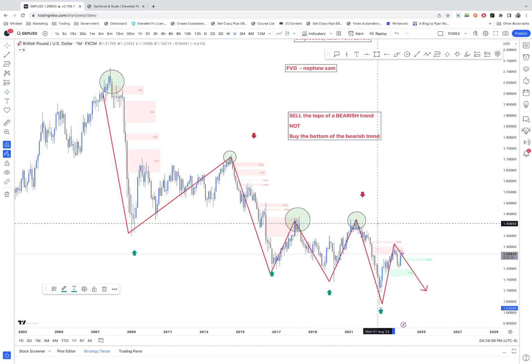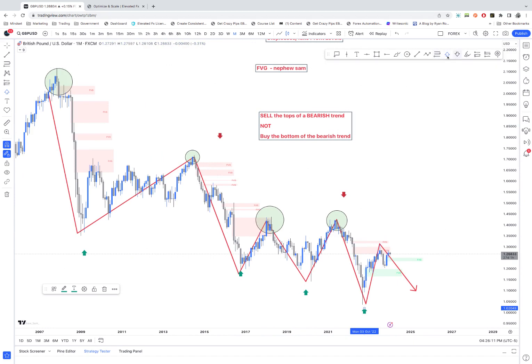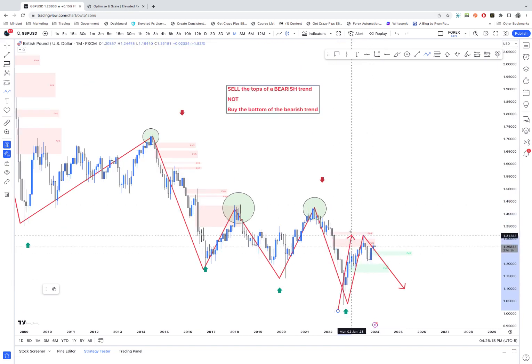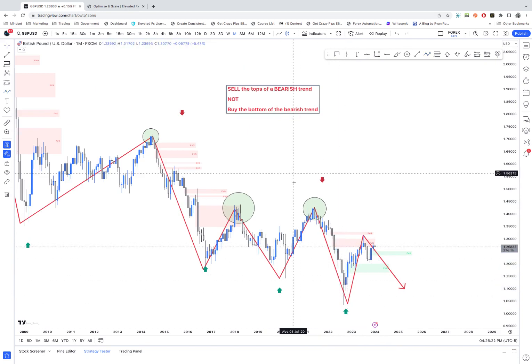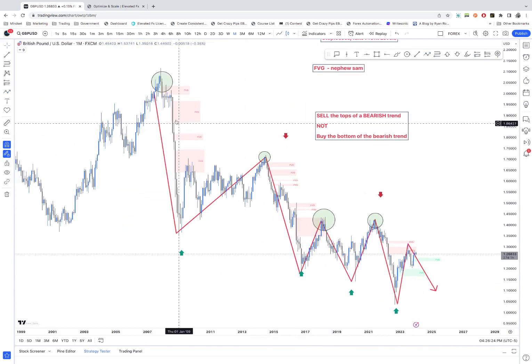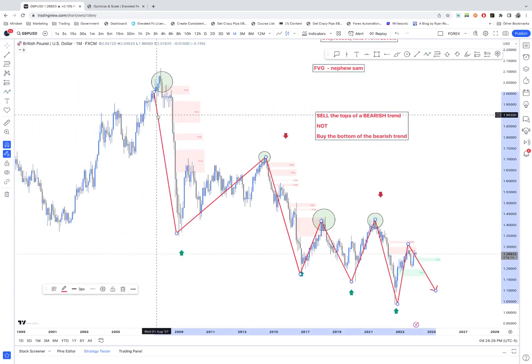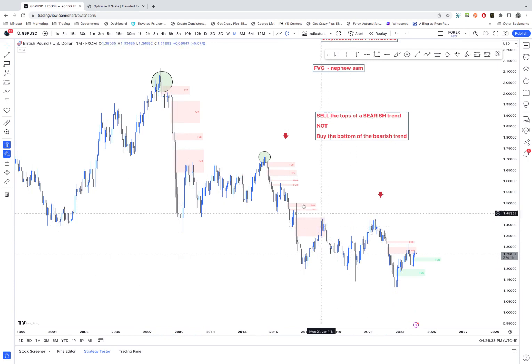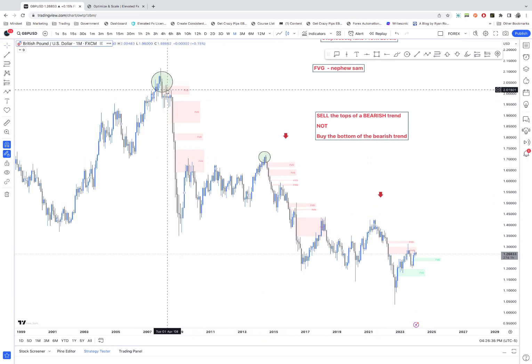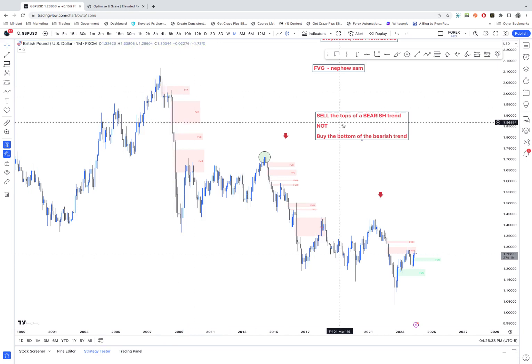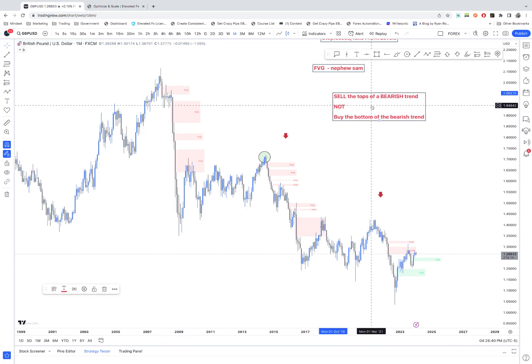Now, because we're on a higher time frame, of course, at some point GBP USD was bullish for literally a whole year, so you can buy it. But that's because we would be on a lower time frame making those decisions. I'm going to focus on the fractal aspect of it, which is these higher time frames. All right. So what I'm doing here is I'm simply looking at which direction this market is going at the moment, where we were, where we are, and where we want to go.